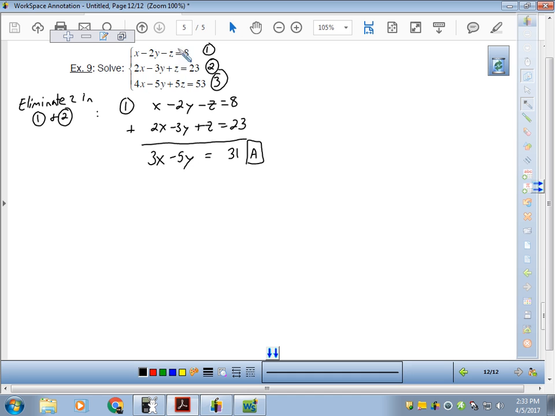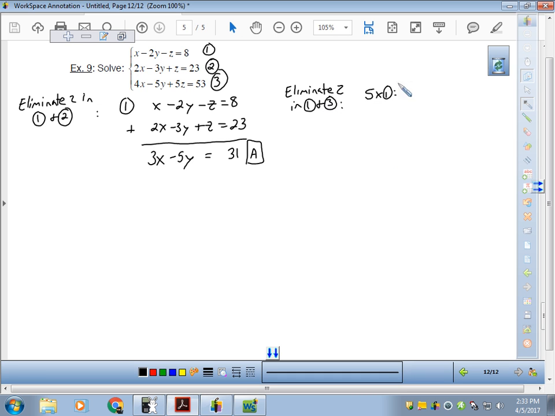Okay. So I've eliminated z from 1 and 2. Now I need to either do it from 1 and 3 or 2 and 3. And it's actually really easy to do with 1 and 3, so I'm going to do that next. So I'm going to eliminate z in 1 and 3. And I can do this by taking 5 times equation number 1.